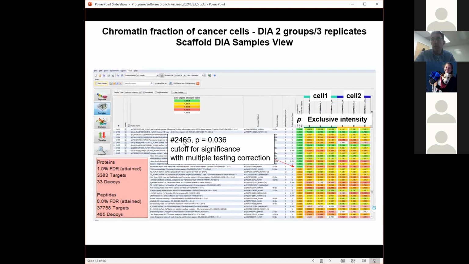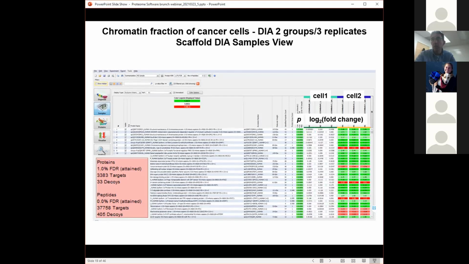Now there's 2,465 that are significant. Notice here, the ones in gold, those are less than P 0.05, but do not pass the cutoff for Benjamini-Hochberg multiple testing correction. Then I wanted to see, here's it showing in the log2 scale so that you can really get a clear indication of what major differences there are in these two cells.